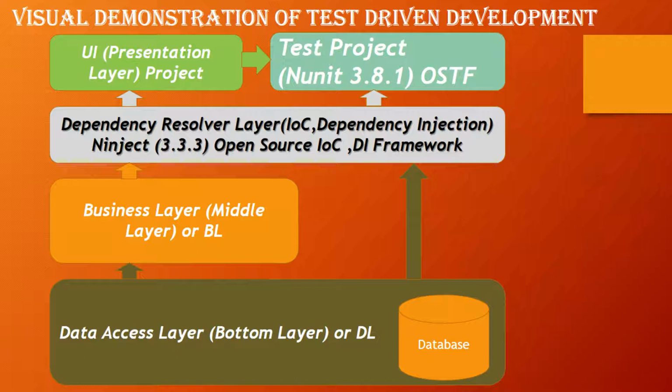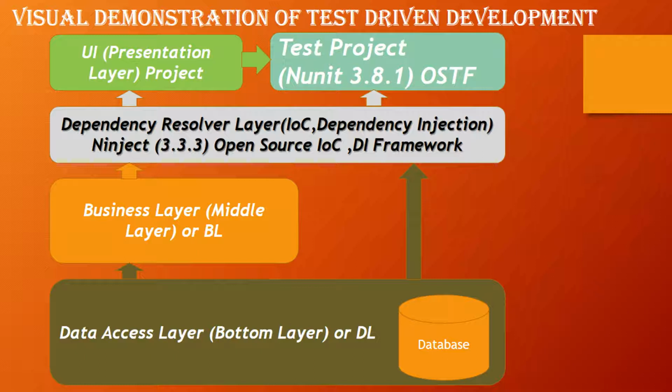Basically this is an open source testing framework, and for dependency injection I will use the latest version of NInject, that is 3.3.3. This is also open source. I will create this kind of project in a similar way in Visual Studio later on for demonstration purposes. So you can see here visually how the layers interact with each other.